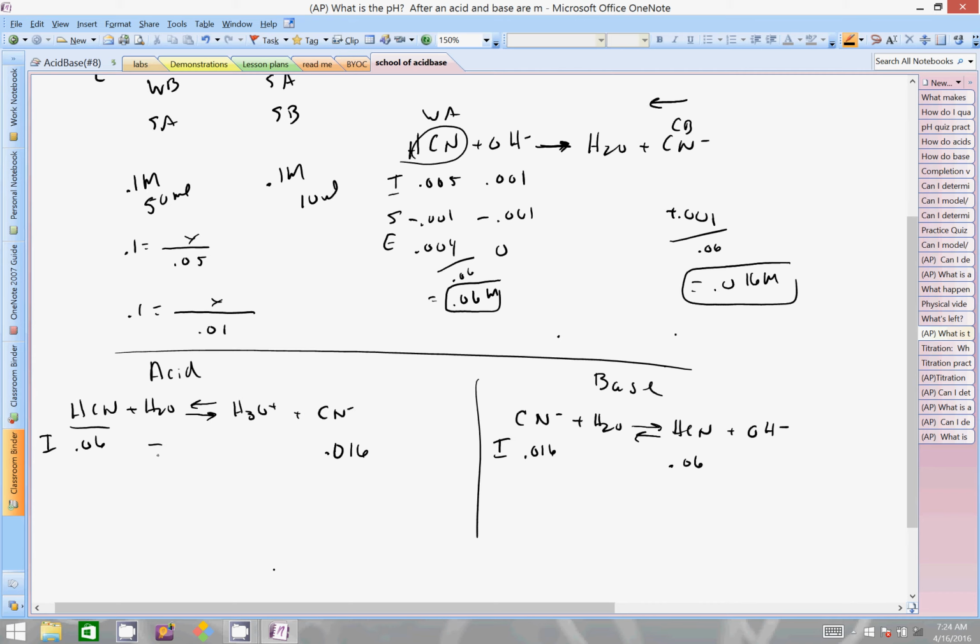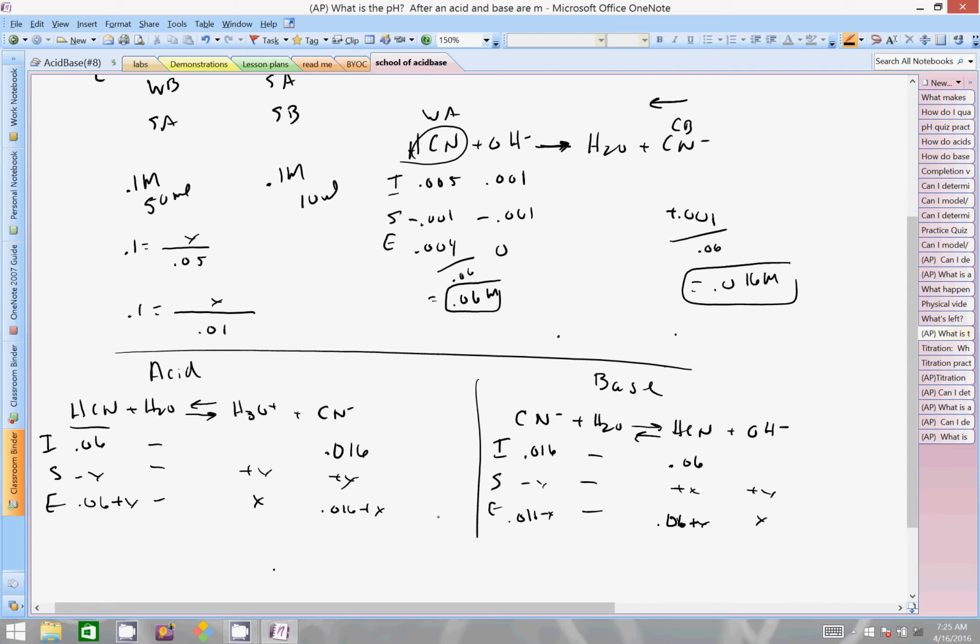Run the math through, the water is not playing a role, stoichiometric ratio, minus x, plus x: 0.016 minus x, x. This is going to be 0.06 plus x, x, minus x, plus x, 0.06 plus x, x, 0.016 plus x.